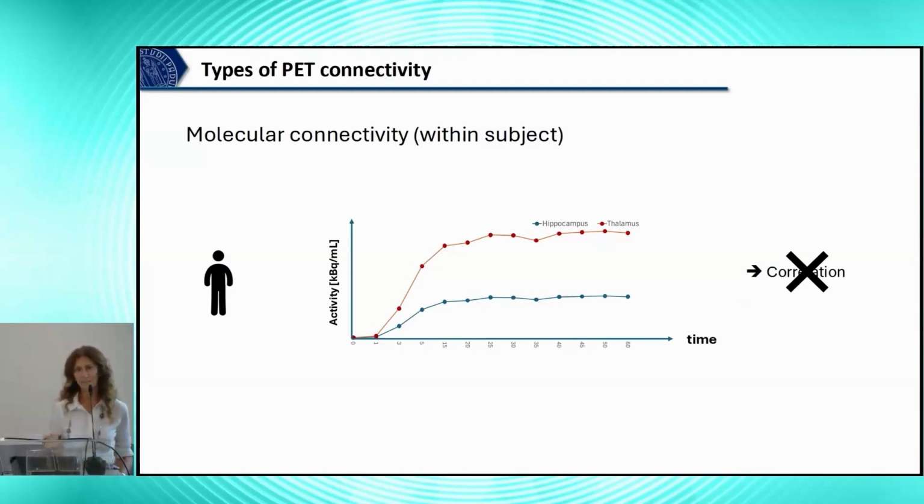But of course, the signal is different, so we have to find a different way. There is a functional link, a functional meaning, as Friston defined the functional connectivity, between these two curves.